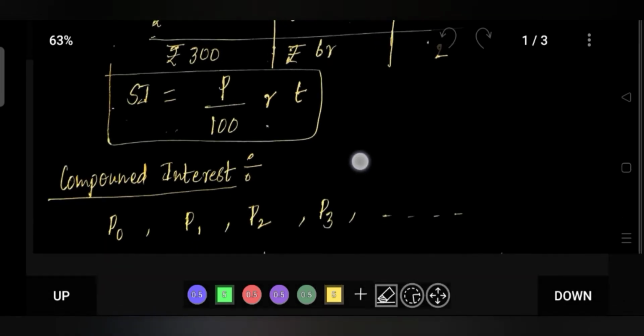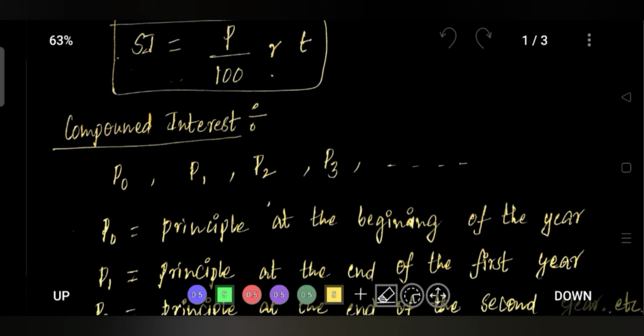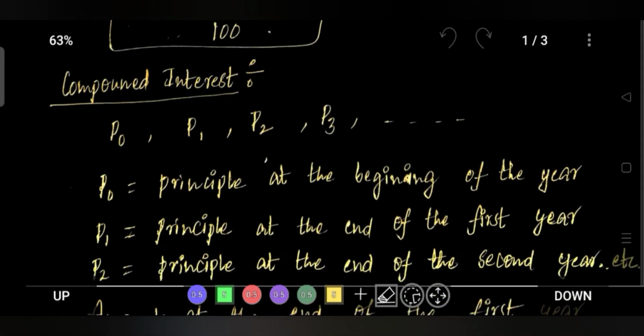In contrast, to understand compound interest, first we will understand these terms. I will assume that P naught is the principal at the beginning of the year, and P1 is the principal at the end of the first year.